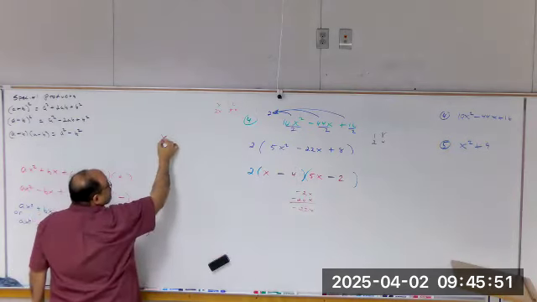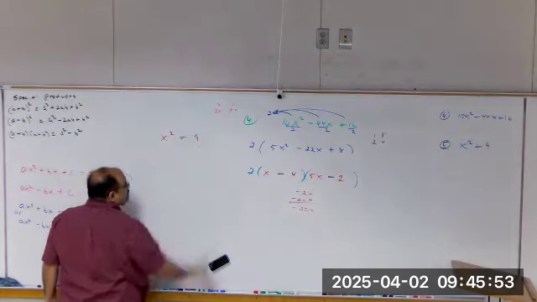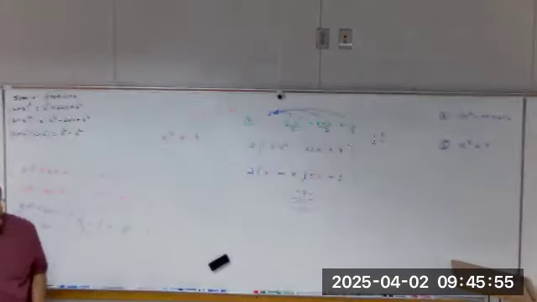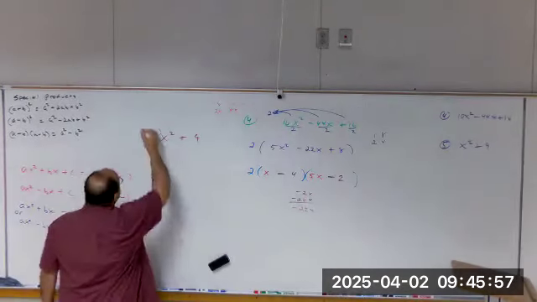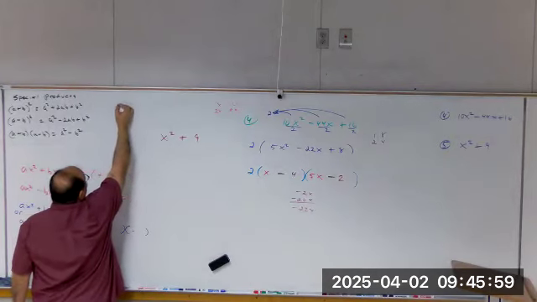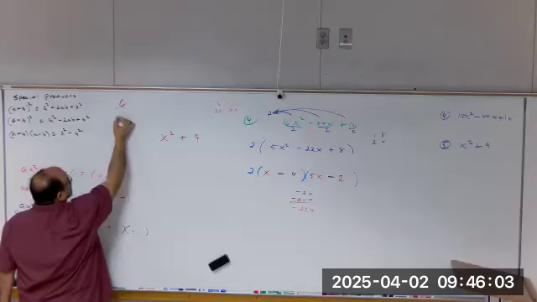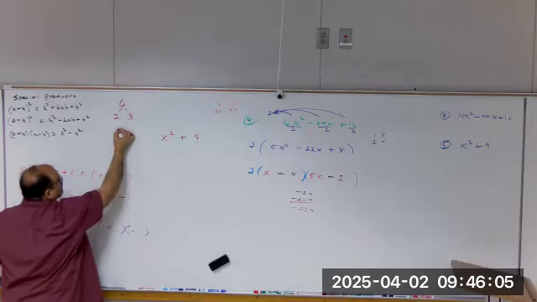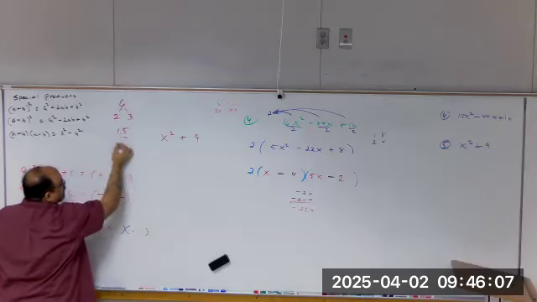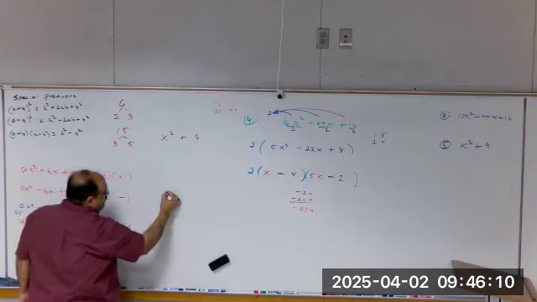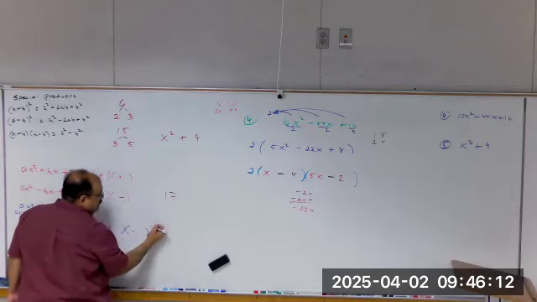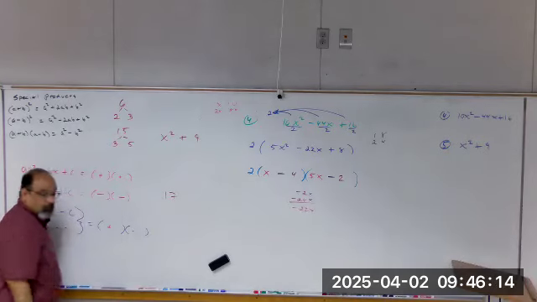Last one, I want to get to this one. If I told you to factor 6, 6 is equal to what times what? 2 times 3. If I say let's go factor 15, what is that? 3 times 5. If I say let's factor 17, what's that? 1 times 17. That's it.